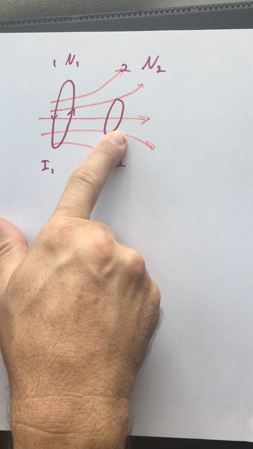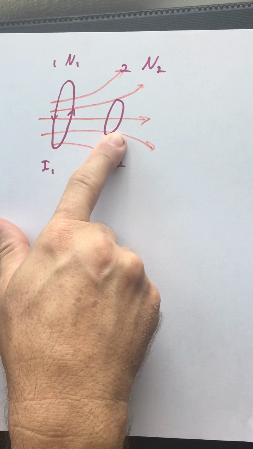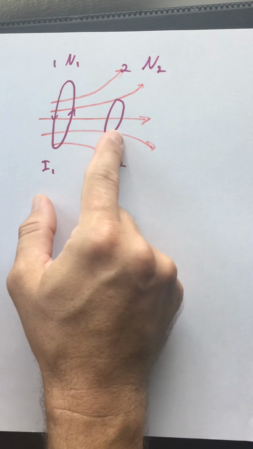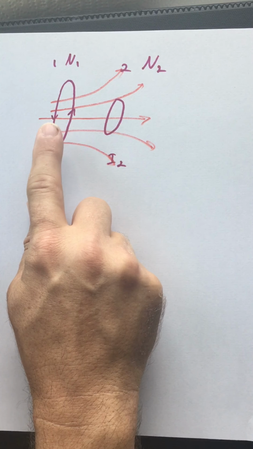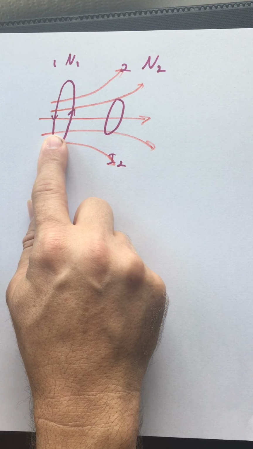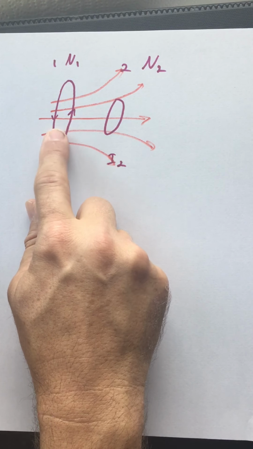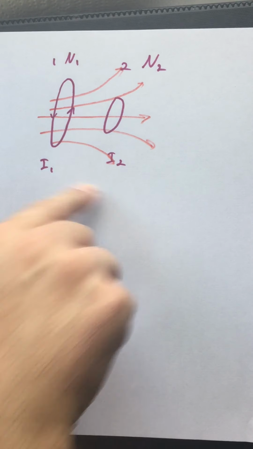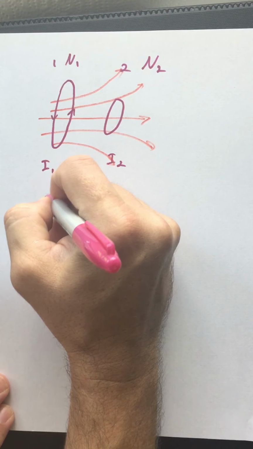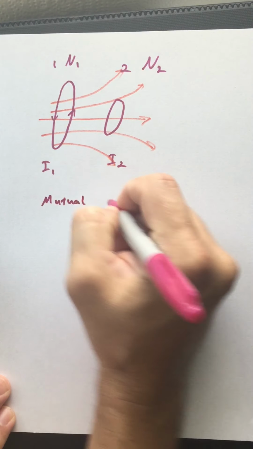And if this is changing, which it will be if it ramps up or changes in any other way, it will induce an EMF in coil 1. So you have this back and forth relationship where I1 affects I2 and I2 then affects I1. We're talking about the idea of mutual inductance.